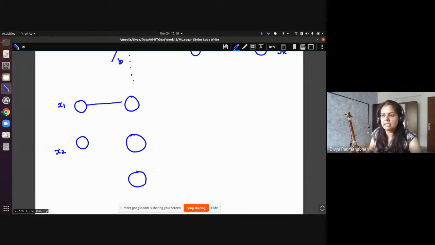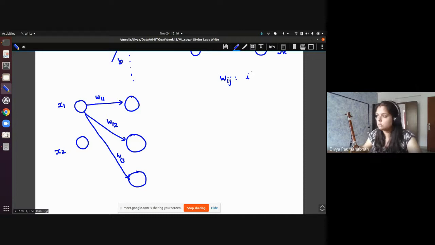So I have these weights, w11 x1, and w12 x2, and there is this part which has a weight of w13. Similarly, wij means a connection from i to j in the next layer.